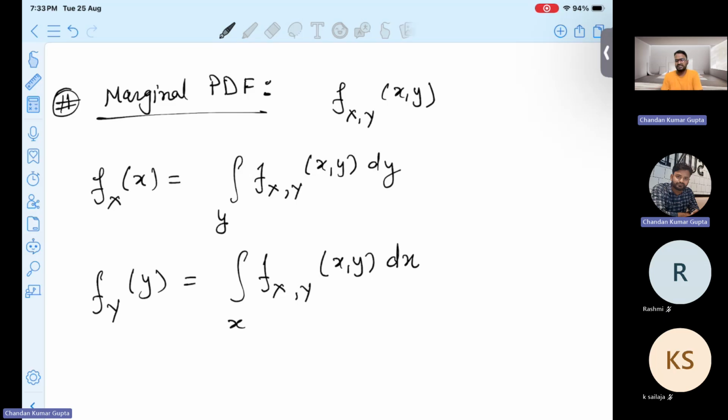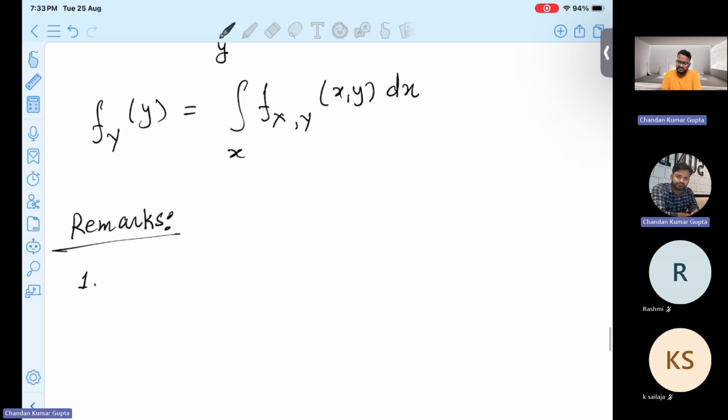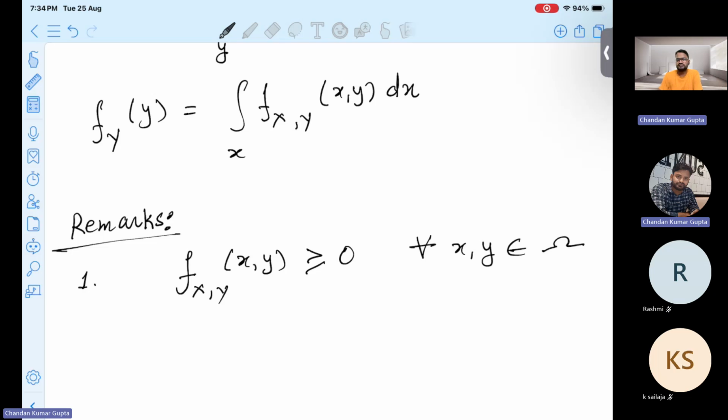It also has the same properties as we discussed for the discrete case. First, f(x,y) is always non-negative, so it is either equal to 0 or greater than 0 for all (x,y) belonging to the sample space.